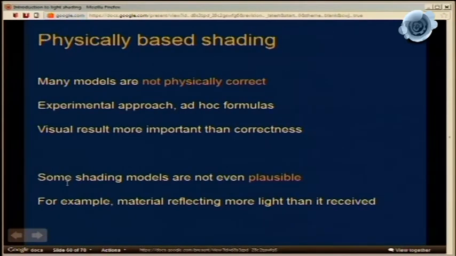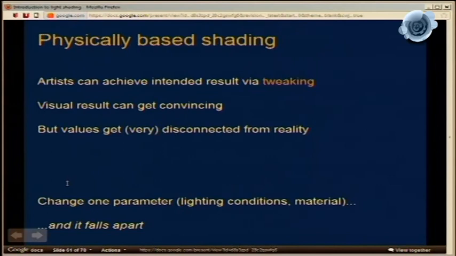But the problem is, some of these models are not even plausible. They don't even make sense at all. The typical example is when you have a material that is reflecting more light than it received in the first place. We can still tweak values. Your artist can just tweak values and get the result he wants, and he can get something convincing.